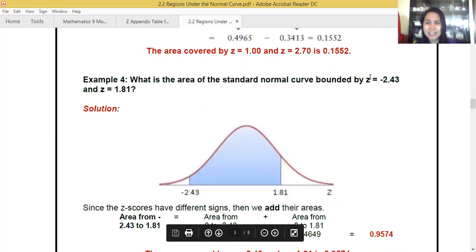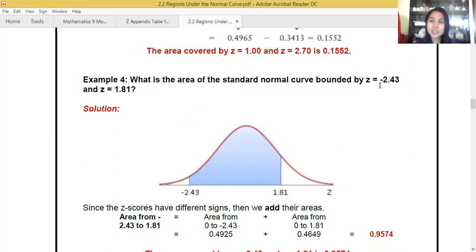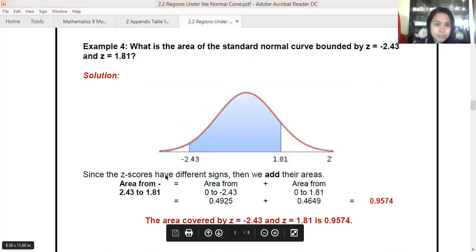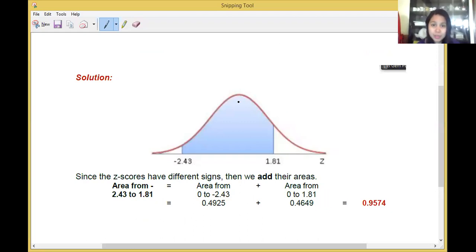Next, let's go to number 4. You just look at the z values. It's from negative to positive. So what do we do? We will add the areas. Now, the area from -2.43 to 0, we have 0 here as a reference point. Let me first snip this one. Now, if you have your z table with you, let's have a 0 here.